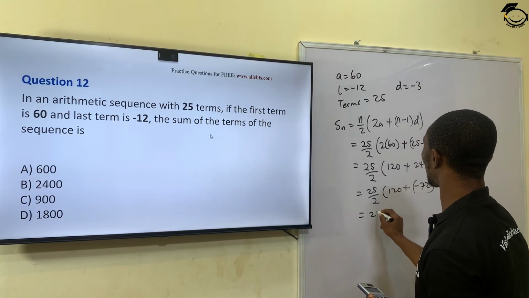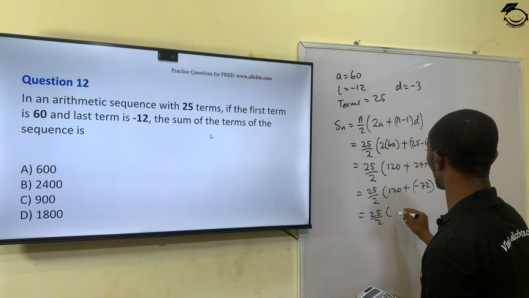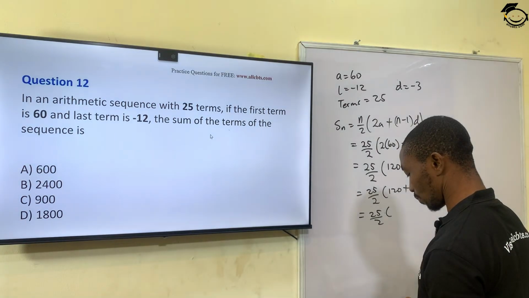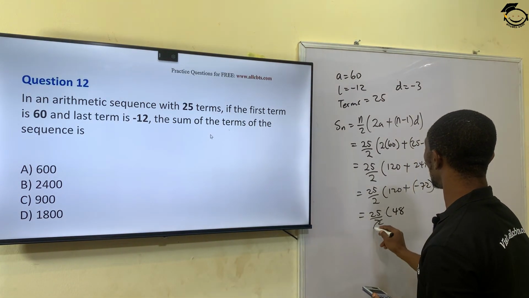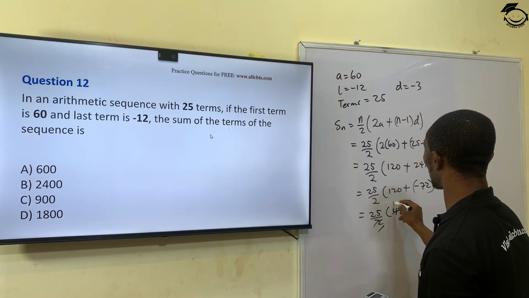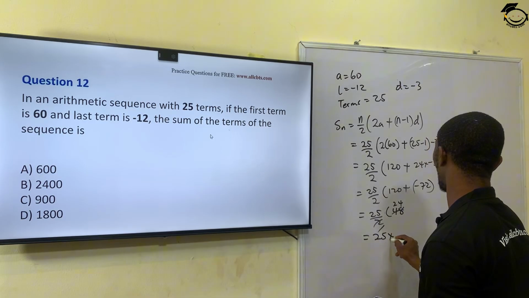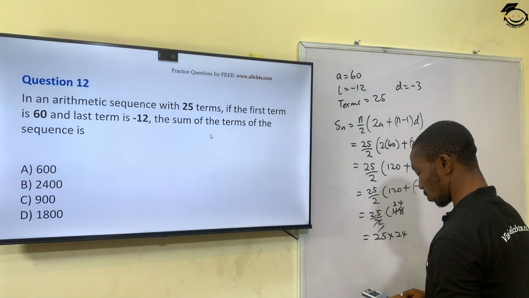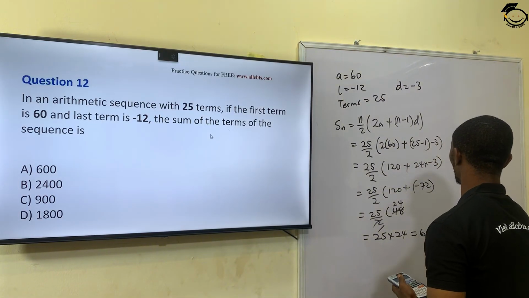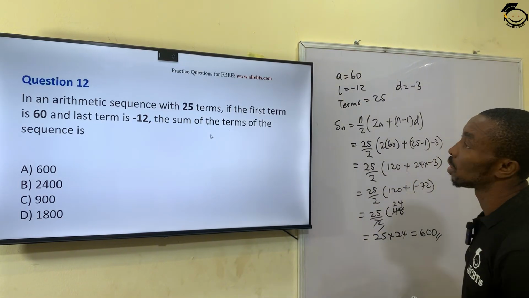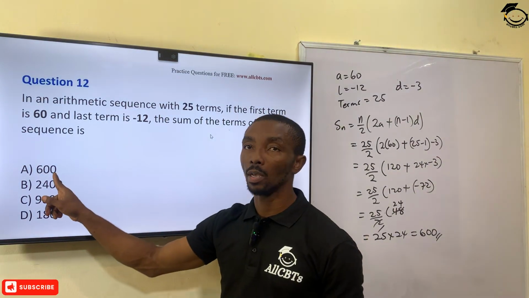So this would be 25 over 2 times, bracket, 120 minus 72, which would give us 48. 2 here, 2 into 48 will give us 24. So we would have 25 times 24, which will give us 600. So the sum of terms for this sequence would be 600, which is option A.